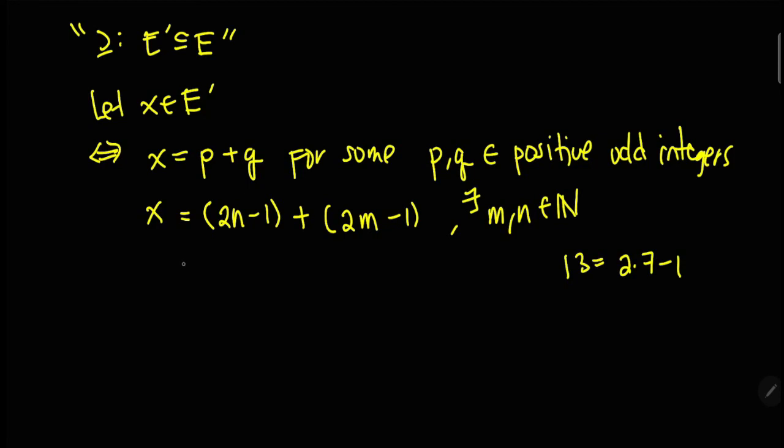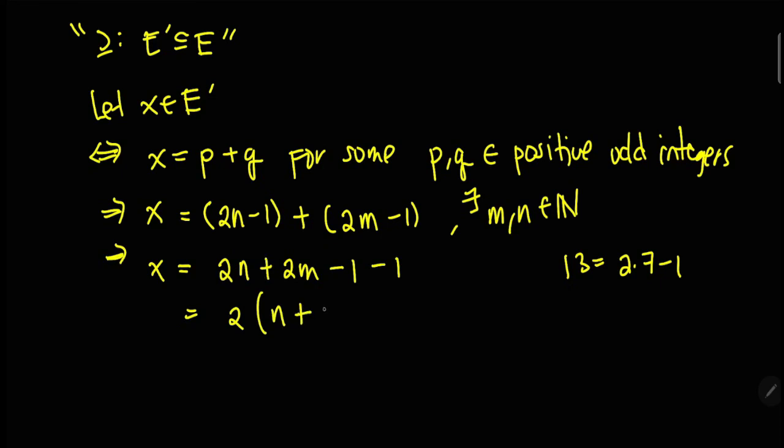Alright. But we can rewrite x as 2n minus 1 plus 2m minus 1, or that's 2 times n plus m minus 1.